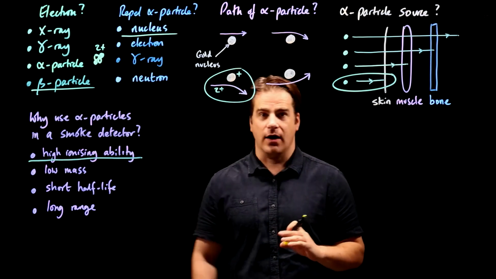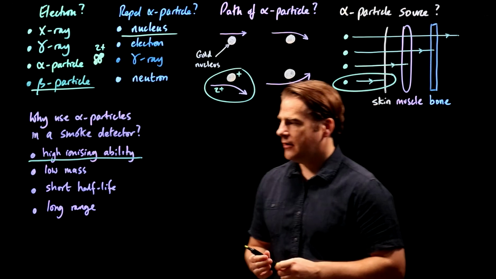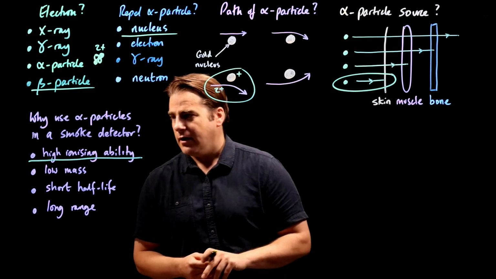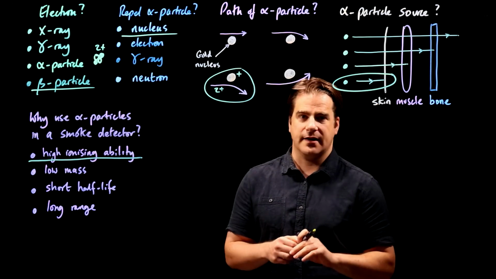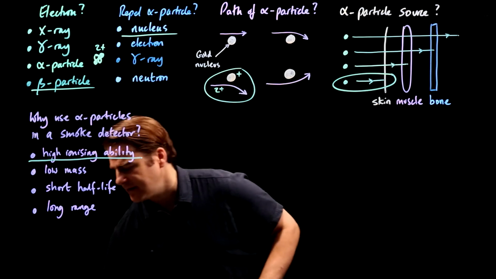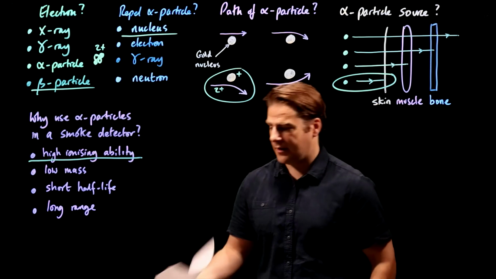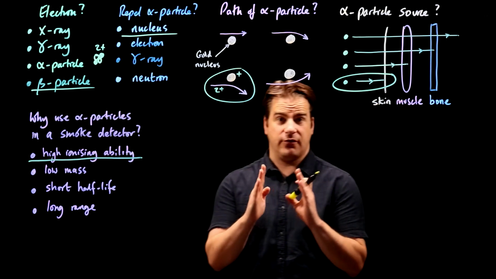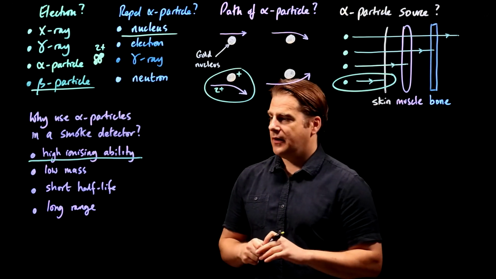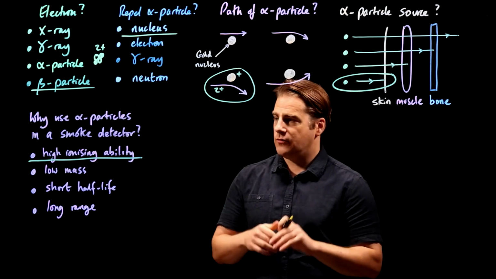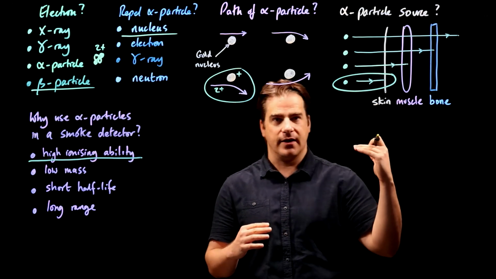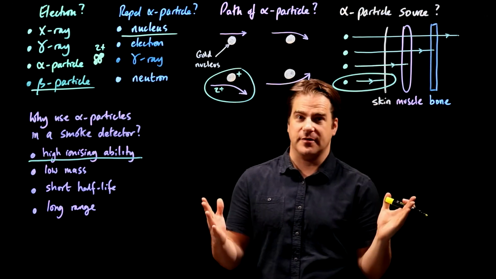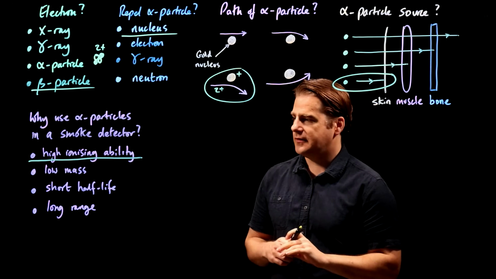So you want a fairly long half-life for a good smoke alarm. Long range. Alpha particles don't have a high range in air. It's about 5 centimeters. Like I said, alpha particles are stopped by one sheet of paper and about 5 centimeters of air. So you actually don't want a long range in a smoke detector, because you don't want to get blasted by radiation from this thing in the ceiling. It's meant to be saving your life rather than giving you cancer.